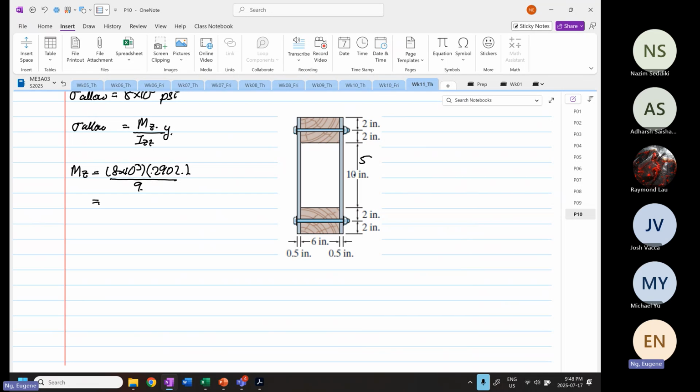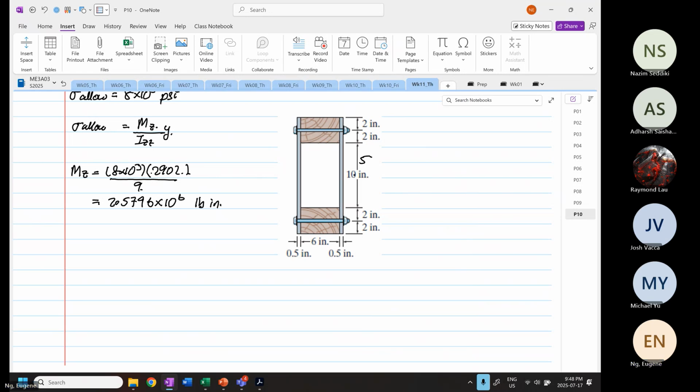So the moment is 2.5796 times 10 to the power 6 pound-inches.